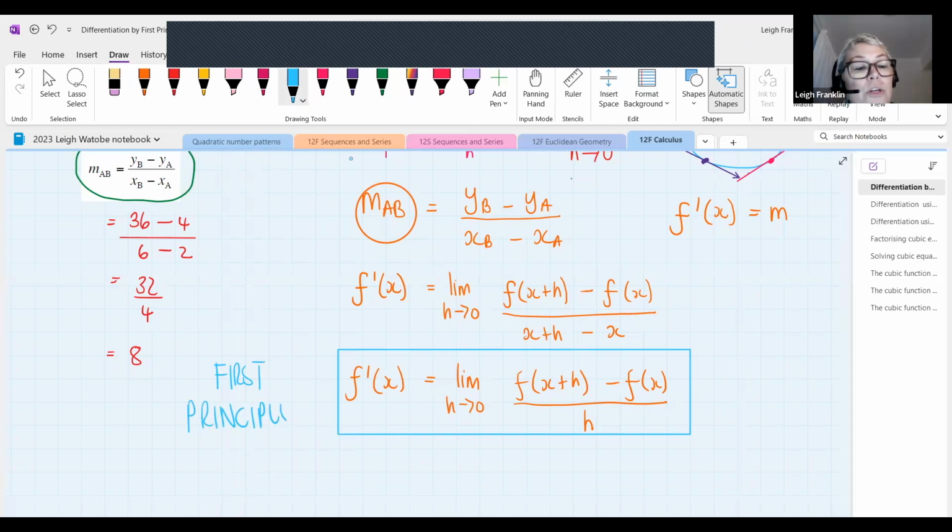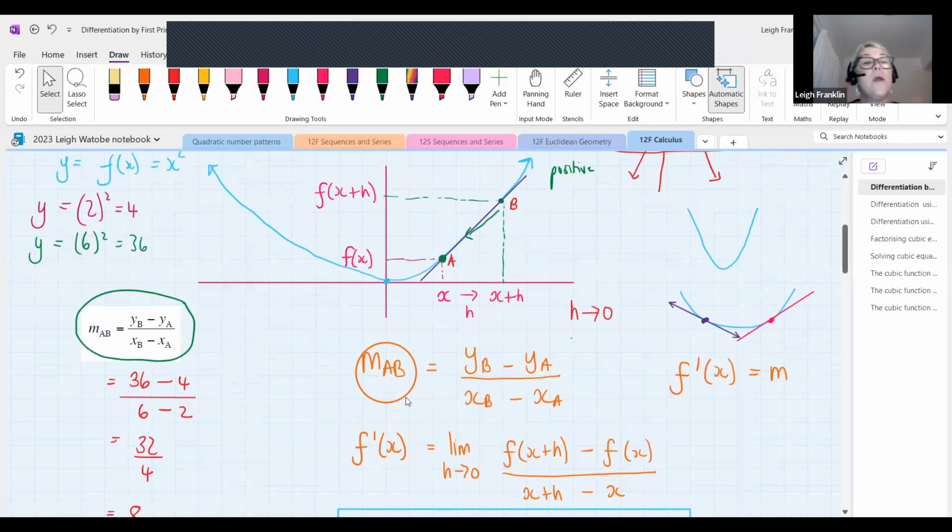Now, everything that I have explained to you about where it comes from, your teachers would do at school. You're not going to be asked questions on where it comes from. But it's nice to understand this so that you know you're actually working with the gradient formula.